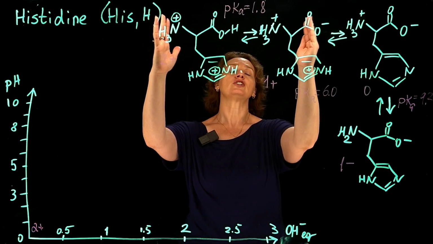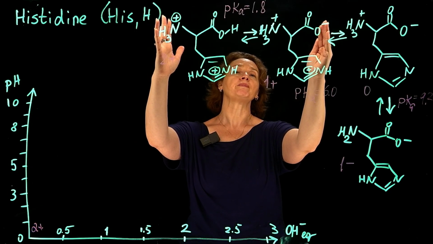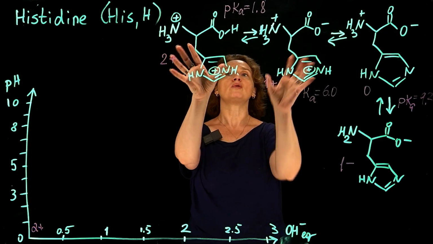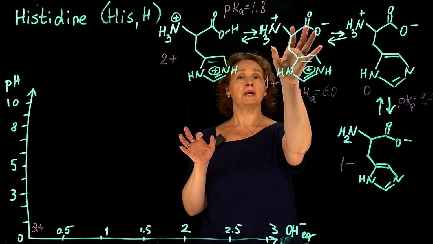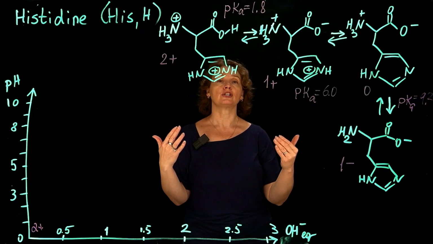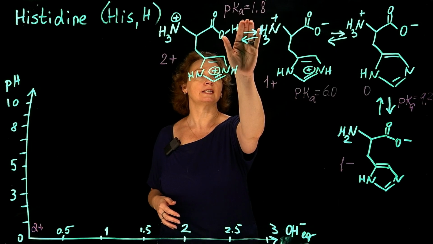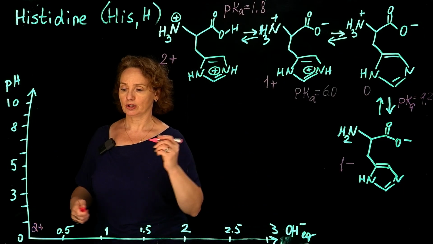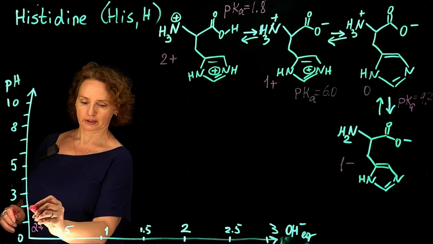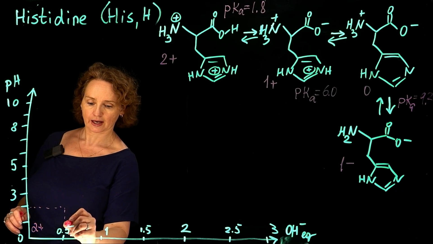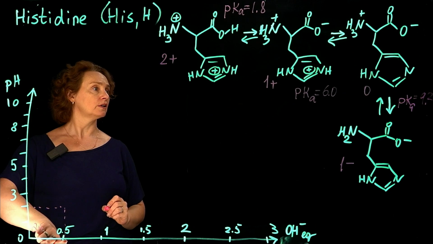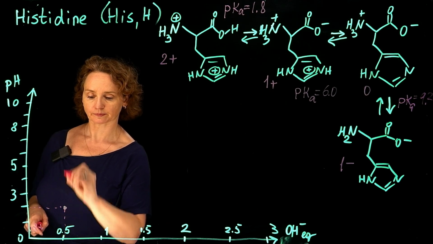The acid and the conjugate base have equal concentrations when pH is equal to pKa. So we need to plot it somewhere here, and that happens at half an equivalent of sodium hydroxide added.